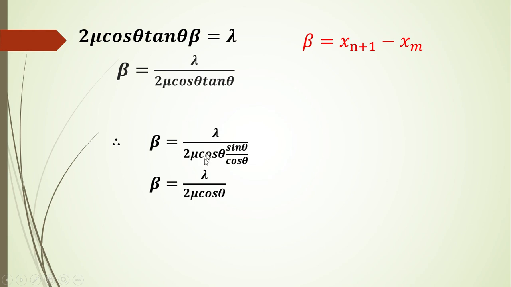Replacing tan theta by sin theta by cos theta, cos theta cancels out. So we get beta is equal to lambda by 2 mu sin theta.